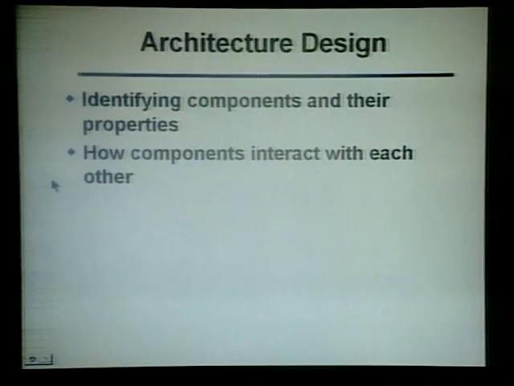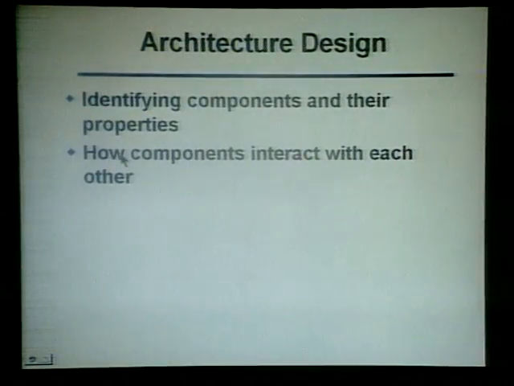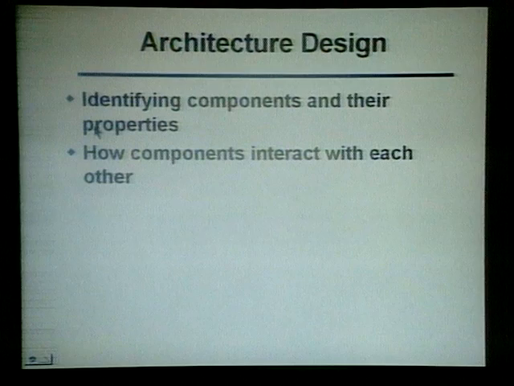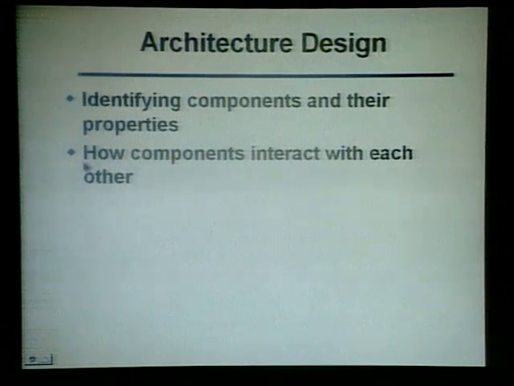The second type of design model that is prepared during design engineering is called the architectural design. Architecture design of a system is concerned with identifying components and their properties and how the components would interact with each other.